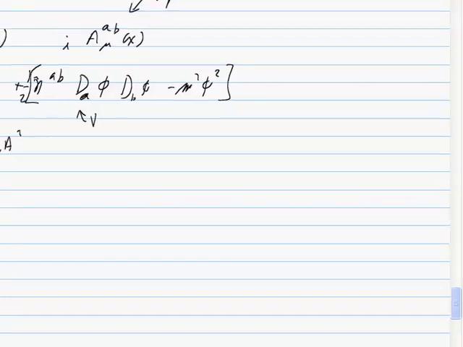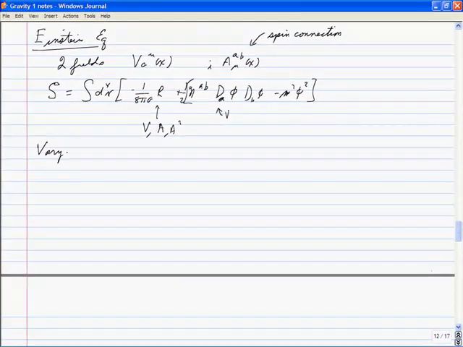So when I vary with respect to A, okay, I get the following equation. So it only comes from the gravitational piece.